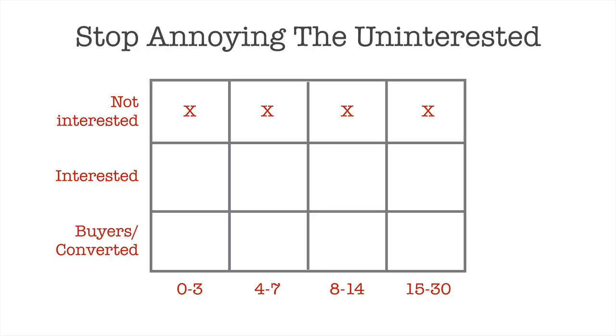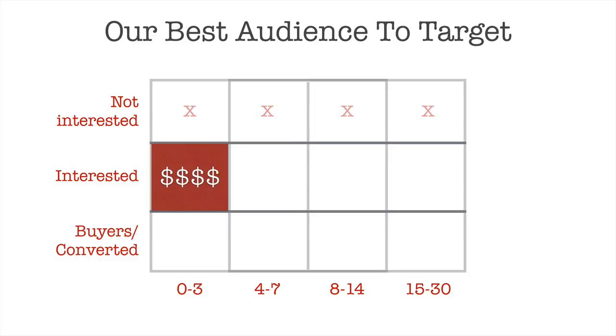Cool? Cool. Our best audience to target is generally, again, no absolutes, but generally speaking, they are going to be at the more recent end of the scale. So in this example, just for illustration purposes, somebody that has left the site or been to the site within the last 3 days is probably going to be more profitable.